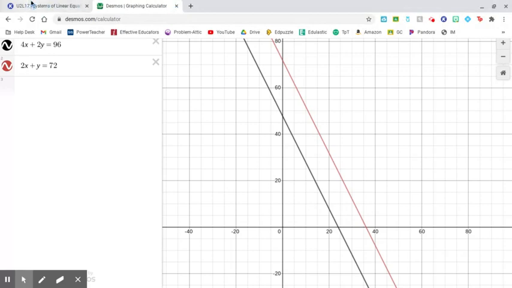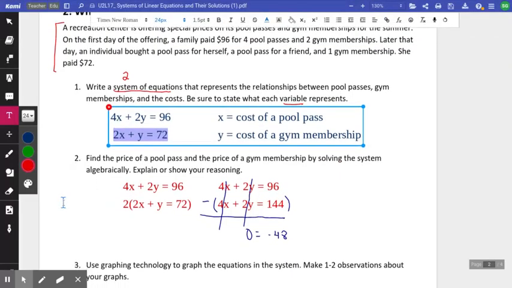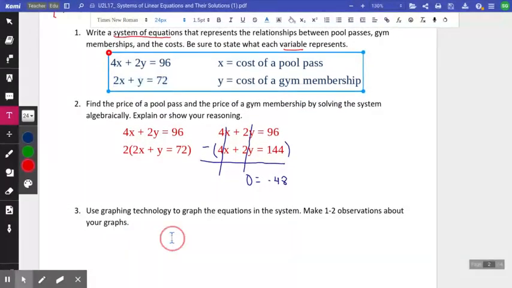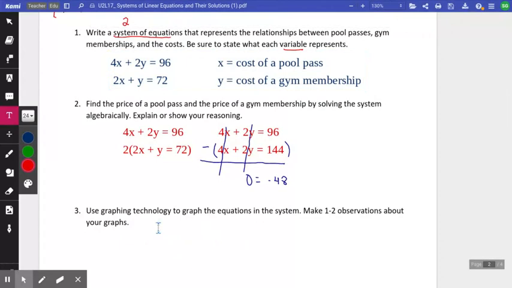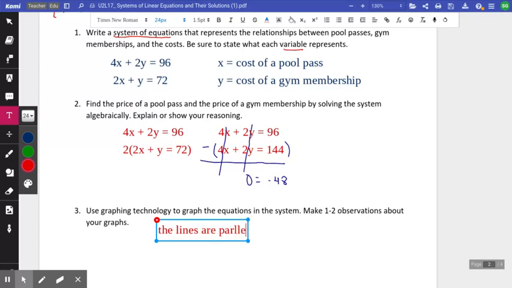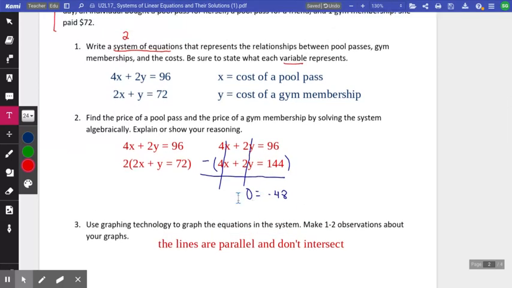So let's come back to our problem here. When I graphed those two lines, I saw that the lines are parallel and don't intersect. When I solved algebraically, I couldn't solve because both my variables eliminated, and I got something like this.